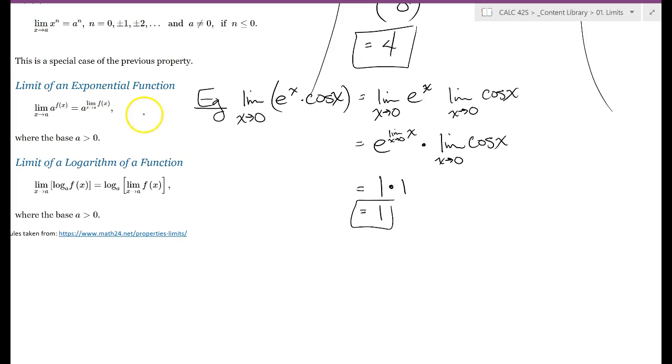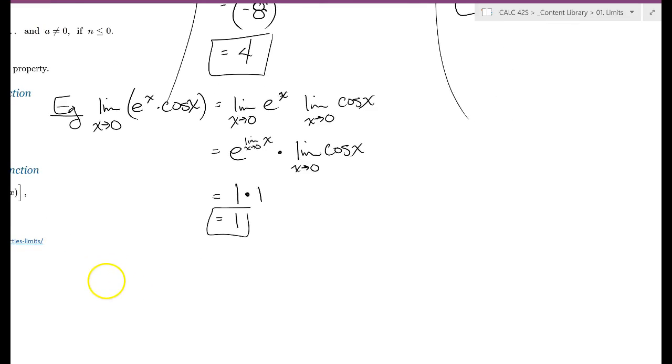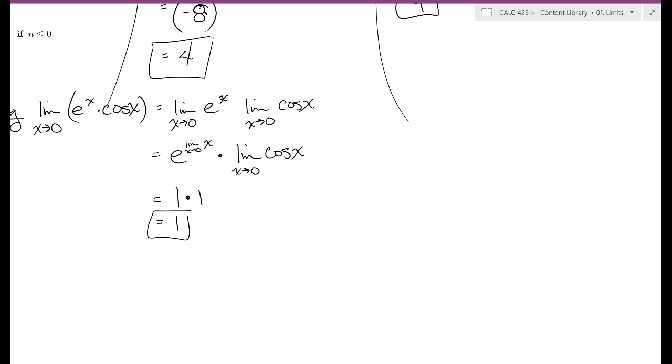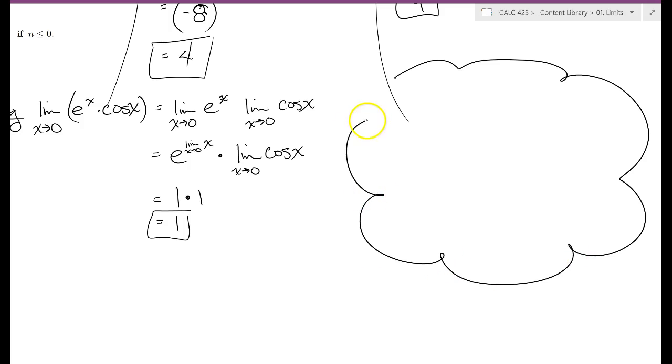Okay, so that's one thing to bear in mind. When you're working with trig functions, there is one particular special case that I want to draw your attention to. It didn't show up in this example, but it can show up sometimes: the limit as x approaches 0 of sine x over x is 1.